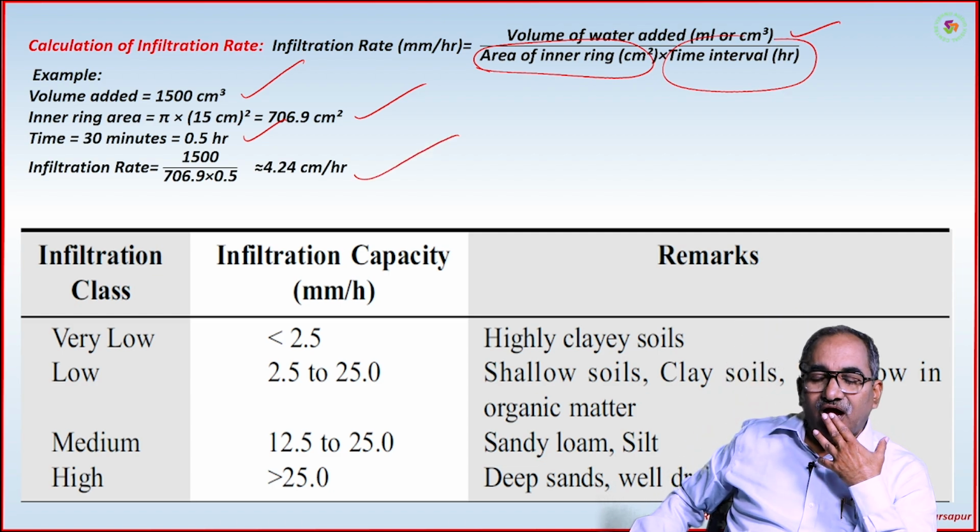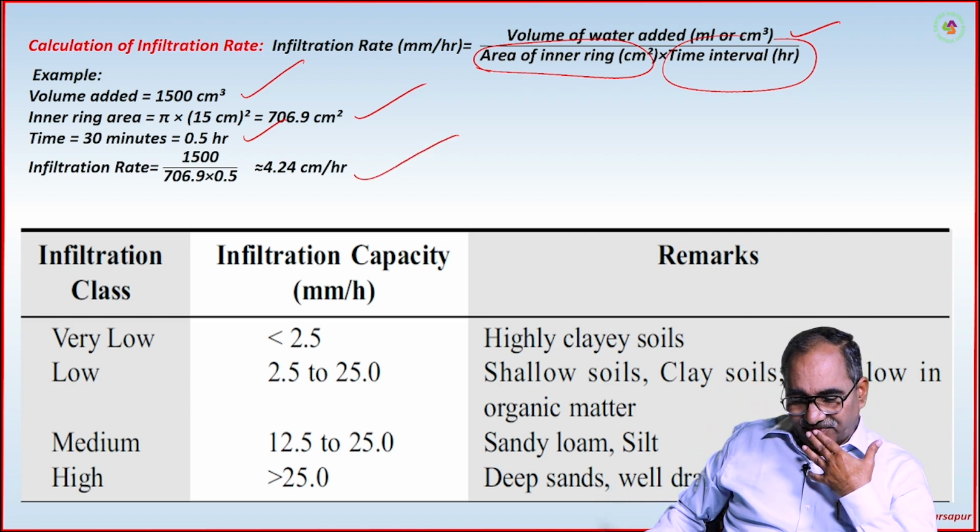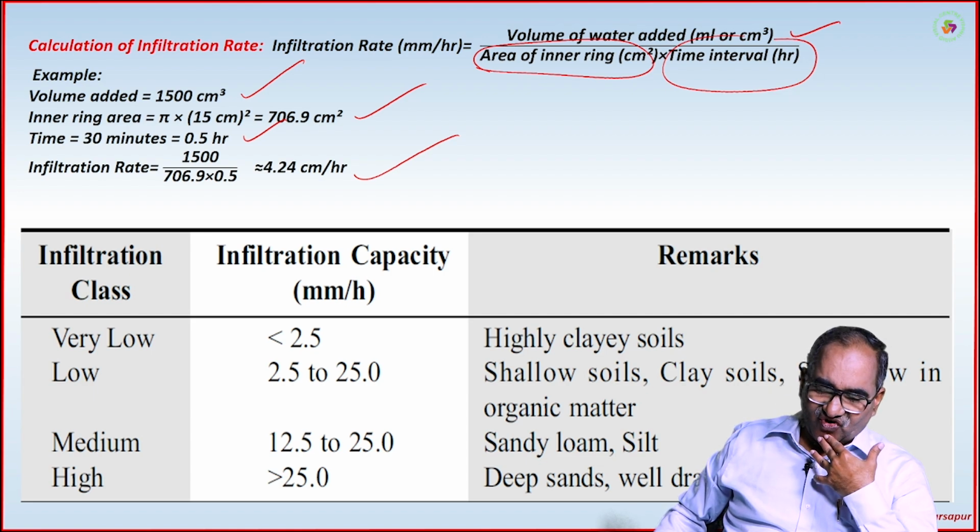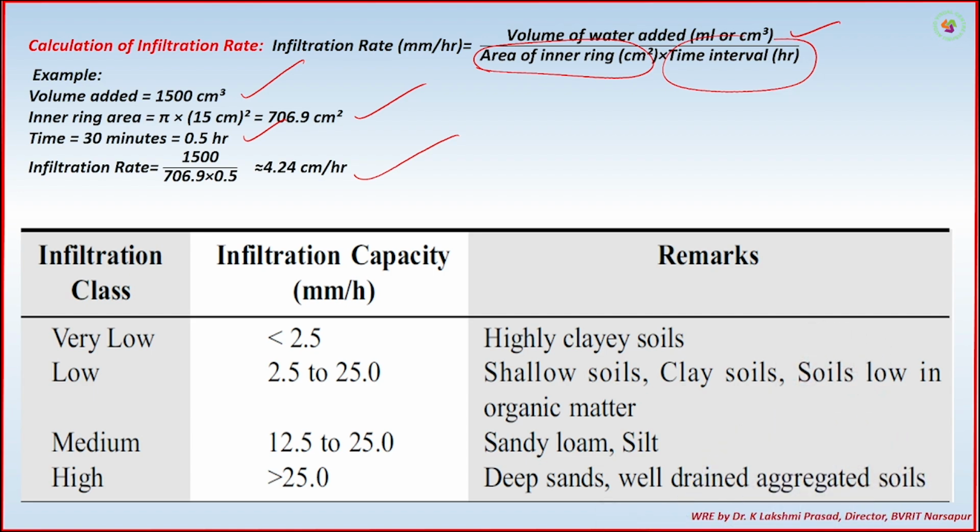But generally, how much will the infiltration capacities be for different soils? Very low infiltration capacity means less than 0.25 mm per hour, highly clayey soils. Please note that, because we also need to have some understanding of the values. If it is less than 2.5 mm per hour, it must be highly clayey soils.